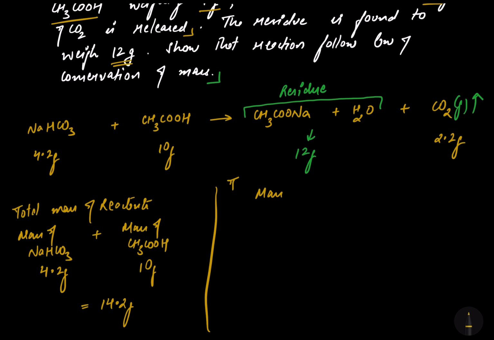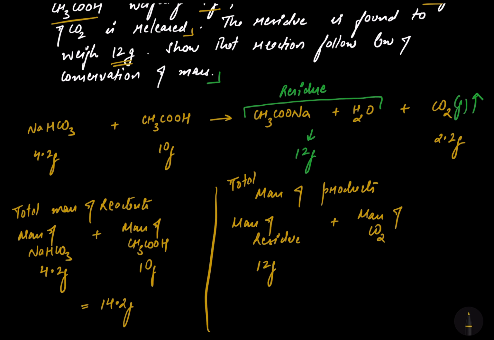So let us talk about products. The total mass of products will be obviously the mass of residue plus mass of CO2. The mass of residue here is 12 gram. The mass of CO2 is 2.2 grams. We have to add it up.